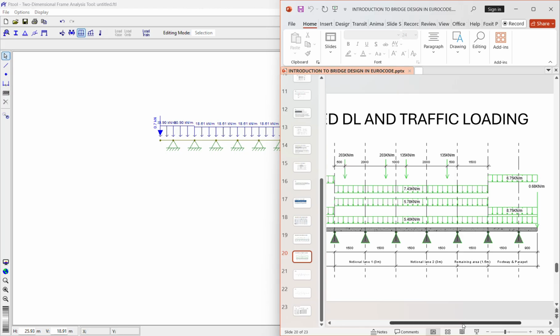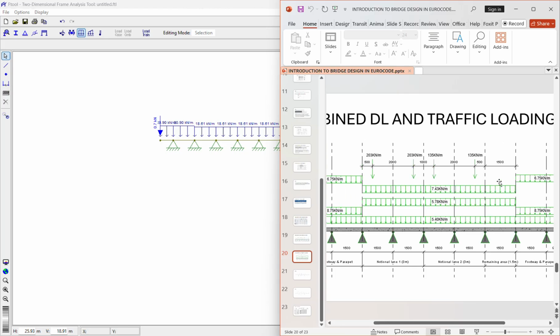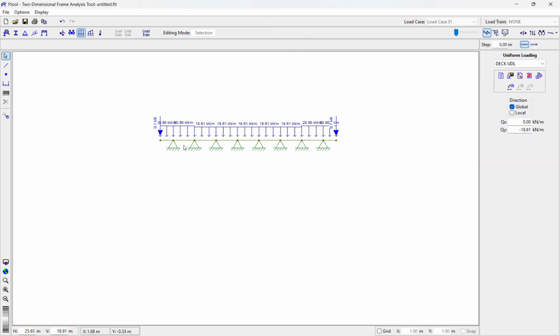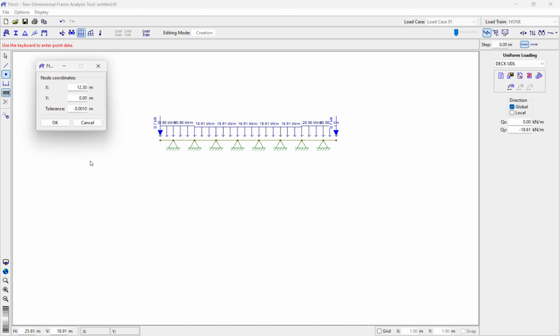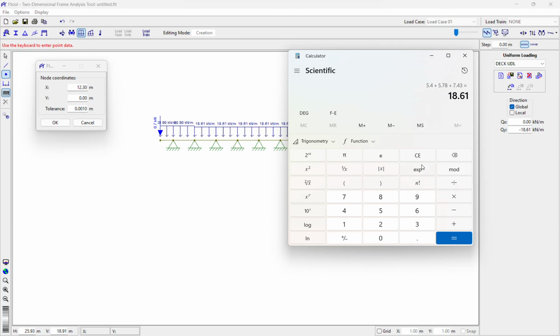And then we come to our traffic loading, which is point loads. So we shall start at 103, so we shall add new points. The first load is at 0.9 plus 1.5 plus 1.5 divided by 2.